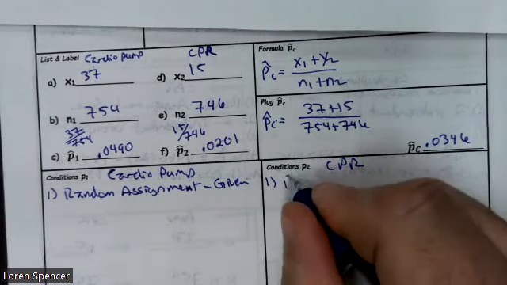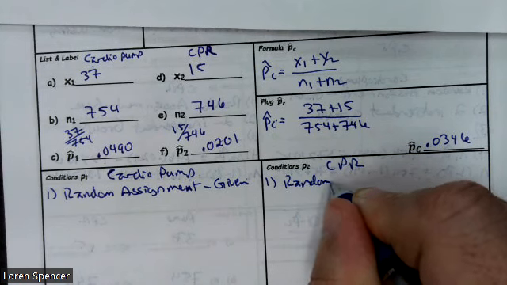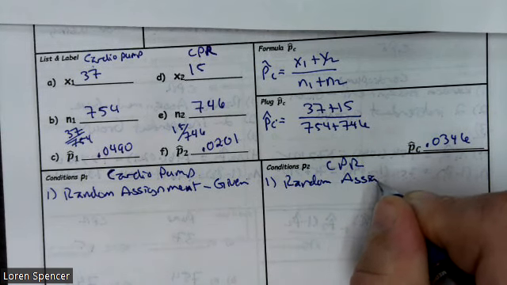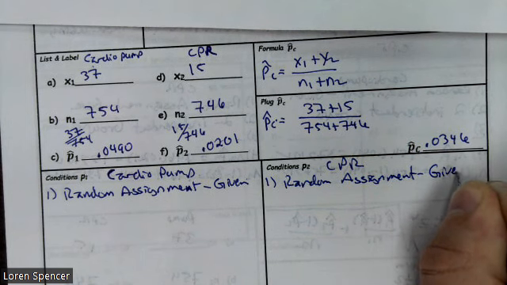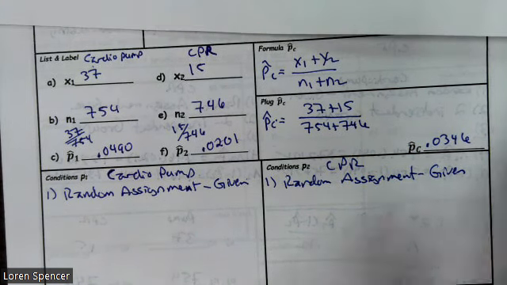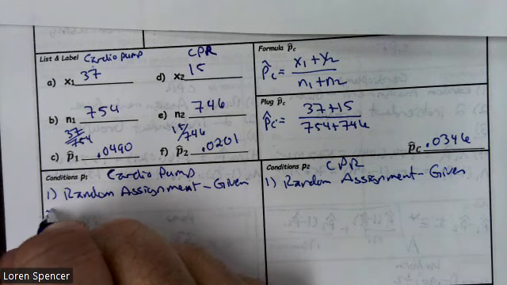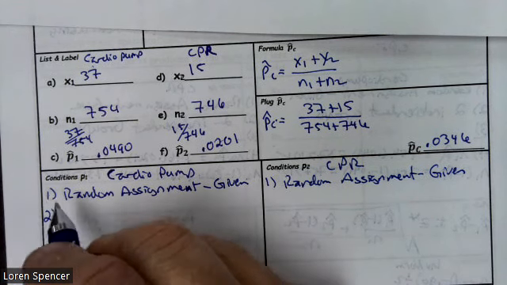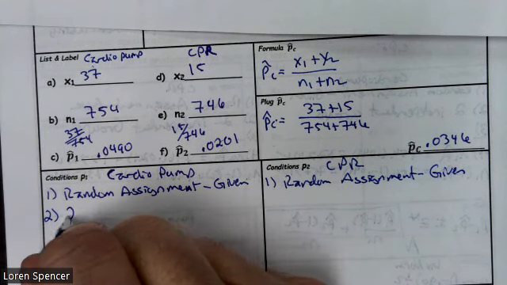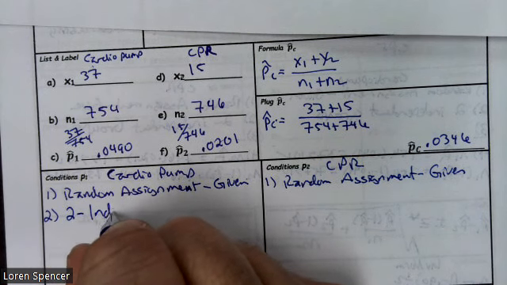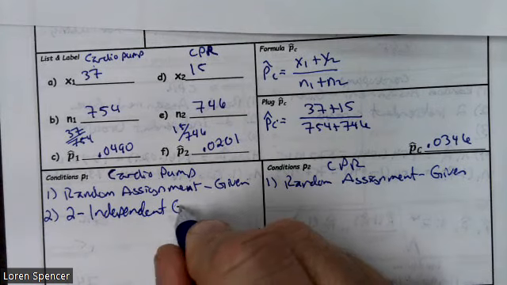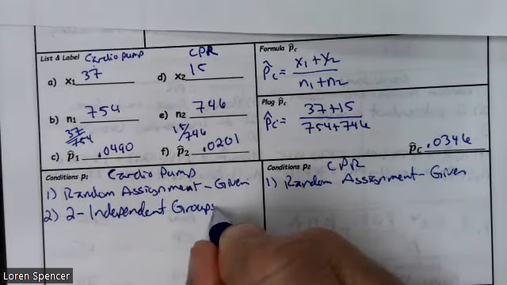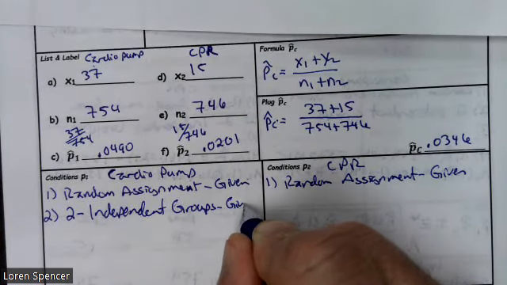This is also going to be random assignment, and again, they did this by coin flip. That's how they used their randomization. Condition 2 is two independent samples, or two independent groups. We have that. Two independent groups, and that's given.